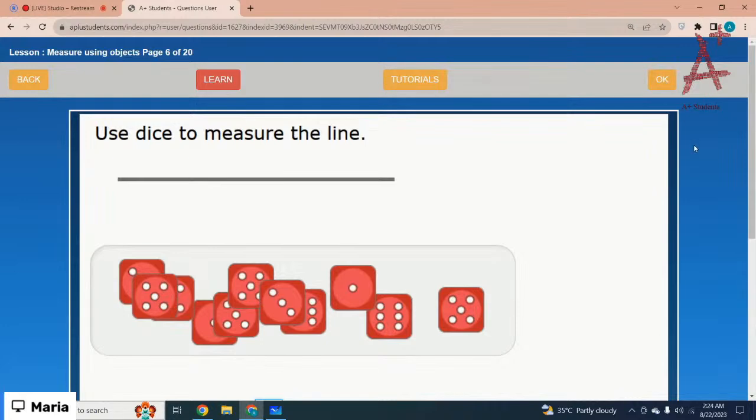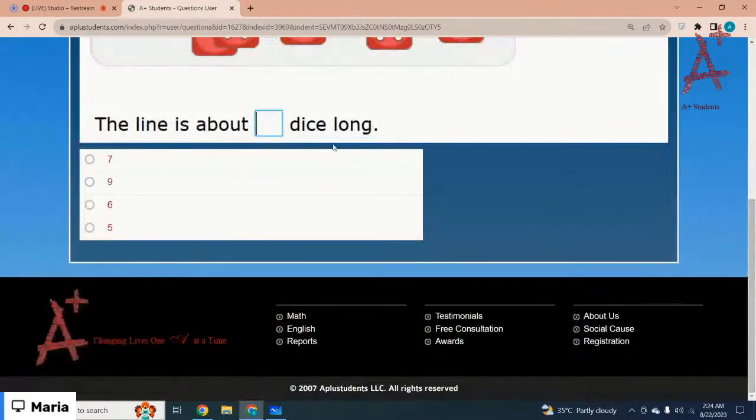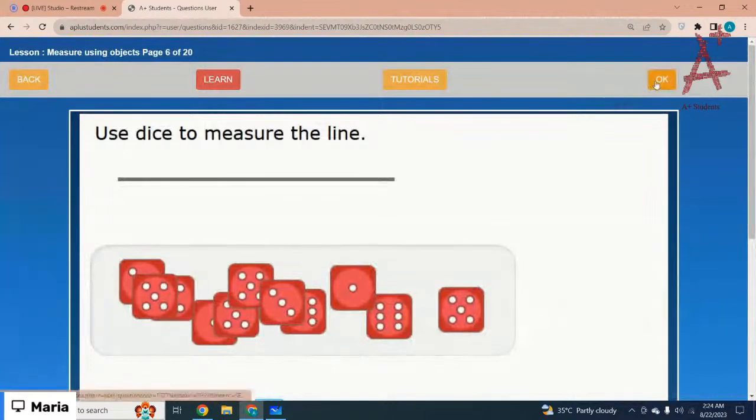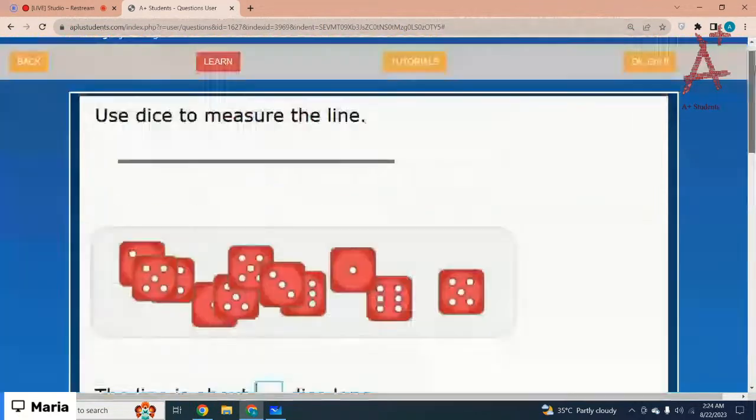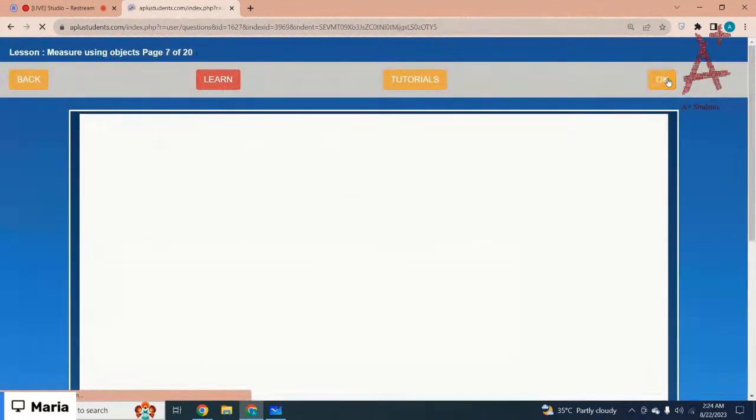It would be, I think, 6 or 7. Let's suppose this one is 7 dice long. Okay, not 7. Let's see. This would be just 6 dice long, right? The correct option is 6.